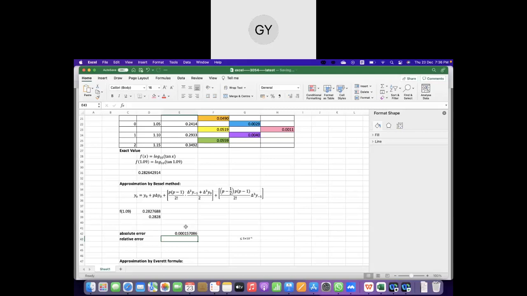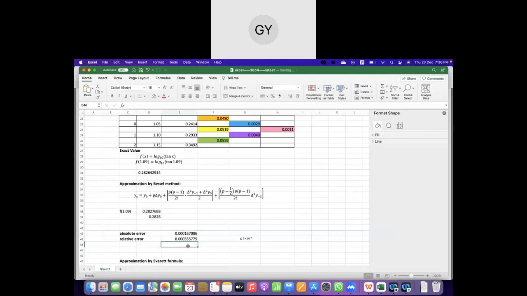After that, we need to find the relative error. The relative error formula is the absolute error divided by the exact value. The last answer also needs the modulus, so we get a positive number. So insert the formula: absolute error divided by the exact value, which is 0.2826429114.